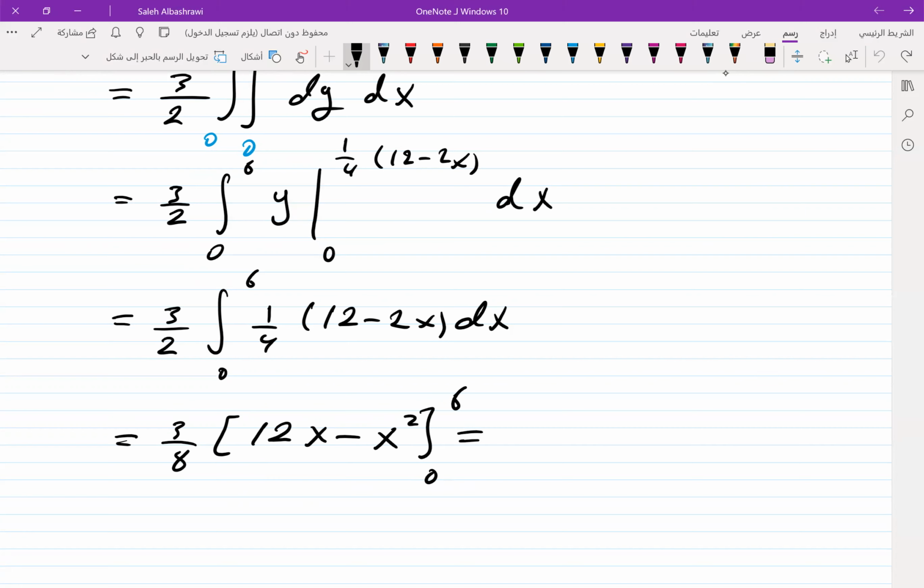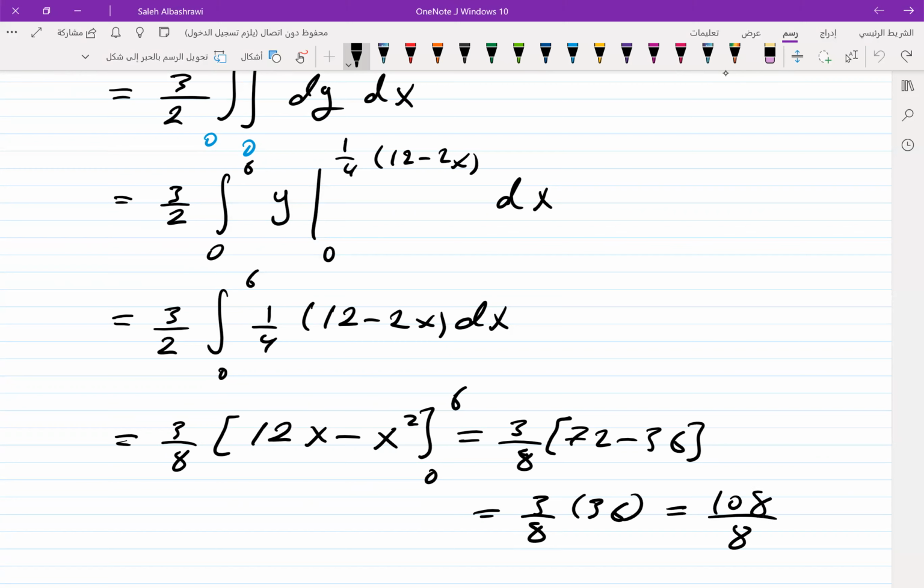And this will give me 3 over 8 multiplied by, substituting x by 6, 72 minus 36, which is 3 over 8 multiplied by 36, equal to 108 over 8. So the answer is 108 divided by 8 square units.